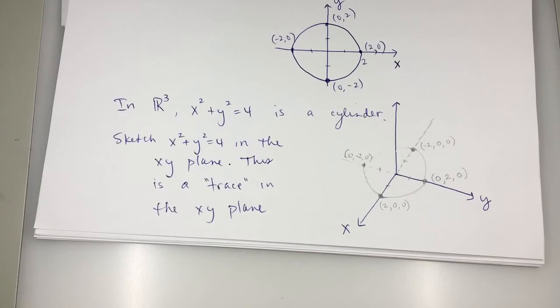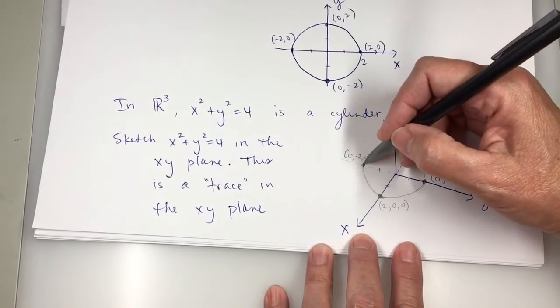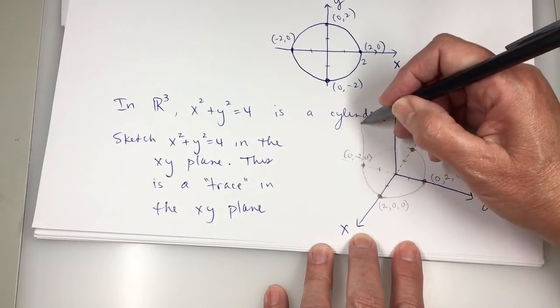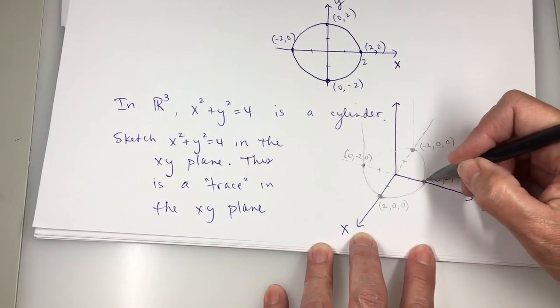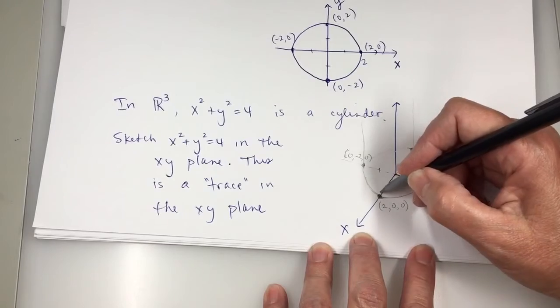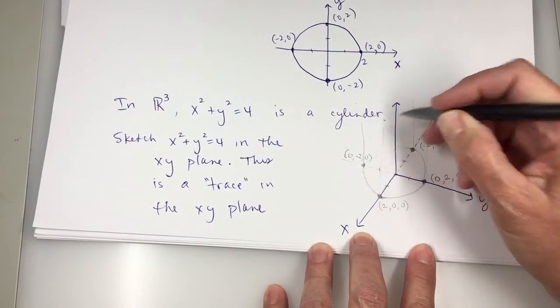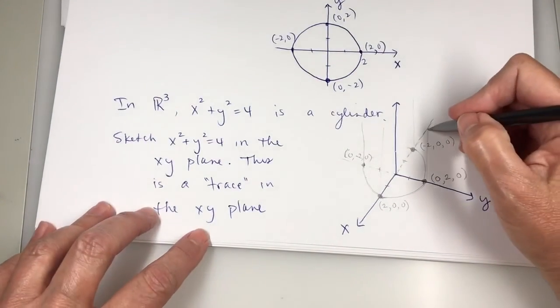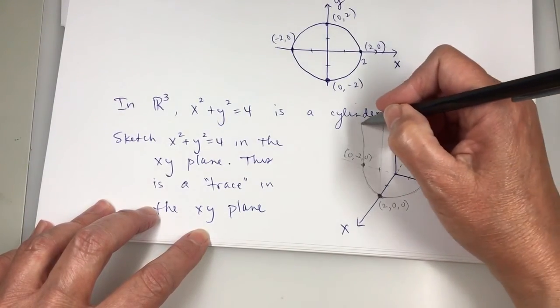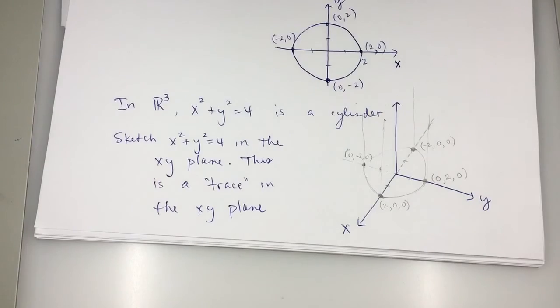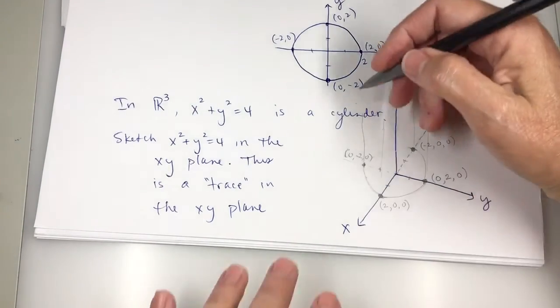And to get the cylinder from these points, I'm going to go straight up, parallel to the Z-axis. And then I'll go a little bit higher here. And then sketch the trace again raised up.